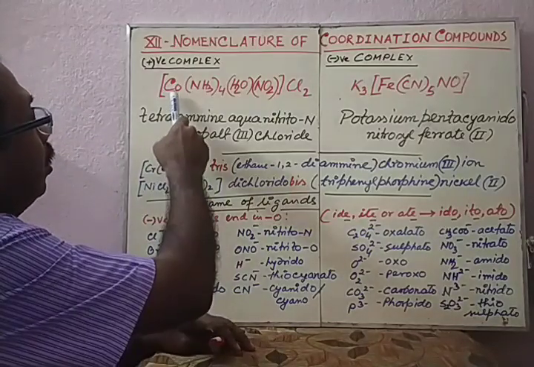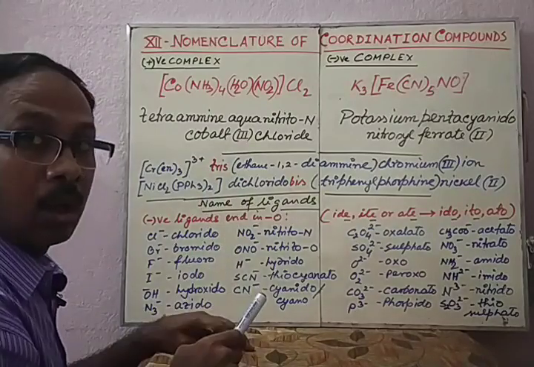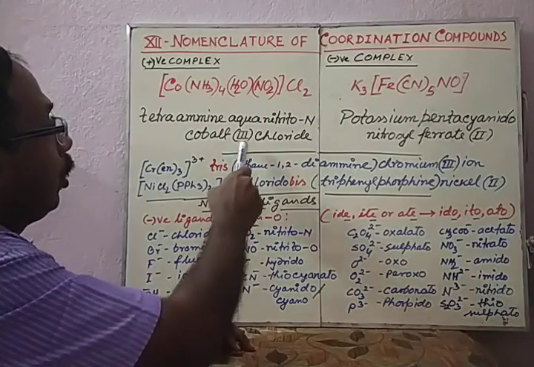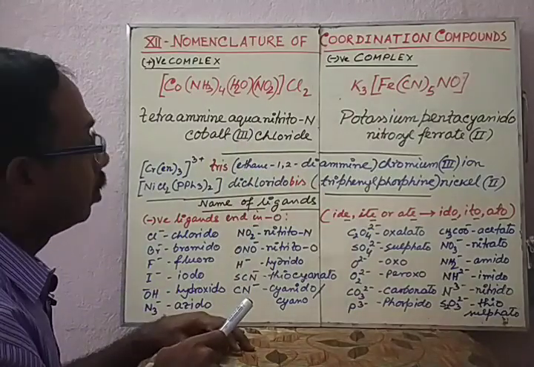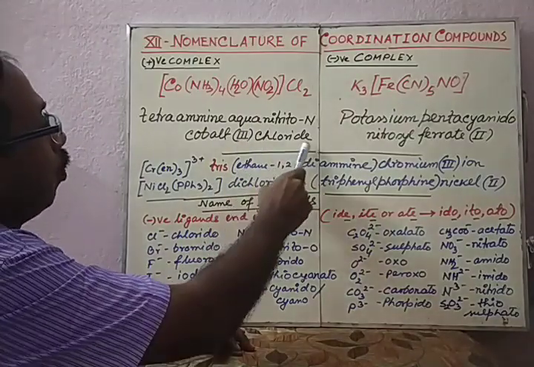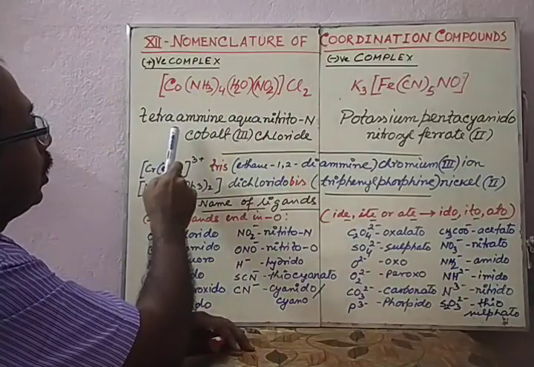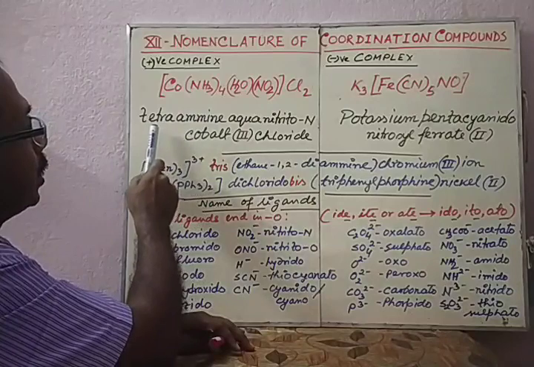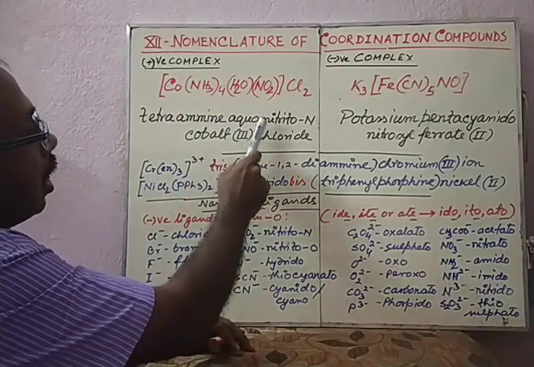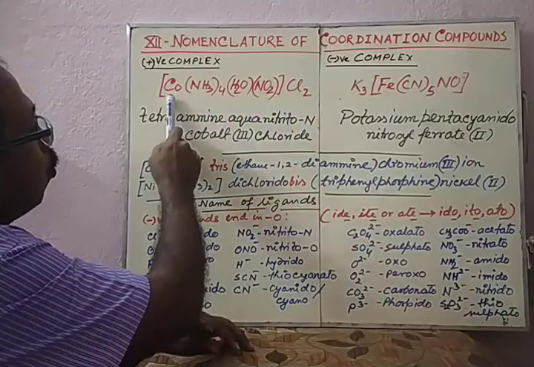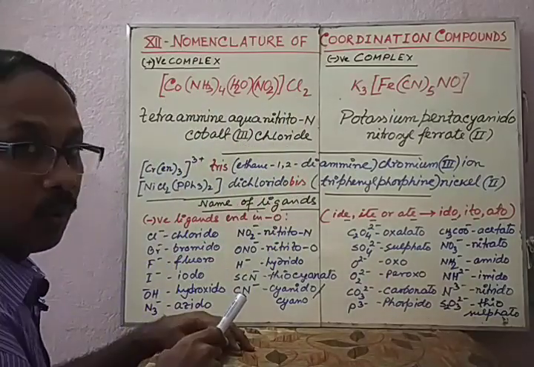Therefore the cobalt ion, the central metal ion, has oxidation number 3, and it is written in parenthesis in Roman numeral III. Next, chloride. So as a whole, this is the positive part named with alphabetic order of ligands: first tetraammine, aqua, nitrito-N, cobalt(III), then the counter ion chloride.